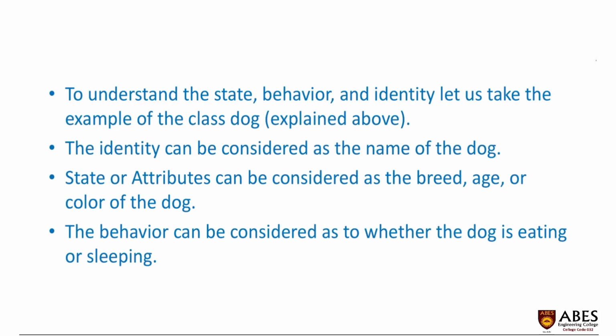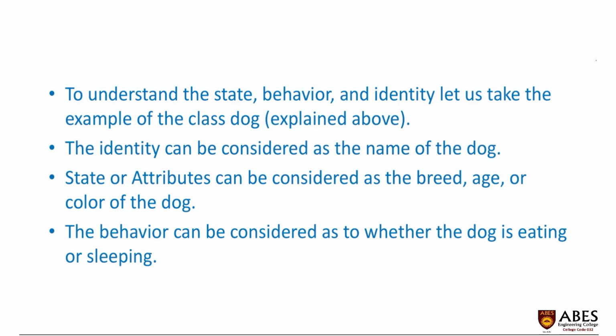Now its identity is considered the name of the dog. This is identity, the first part of the object. Second, state or attributes can be considered as the breed, age and color of the dog. This D1 has a breed, an age, and a color. This is called state.